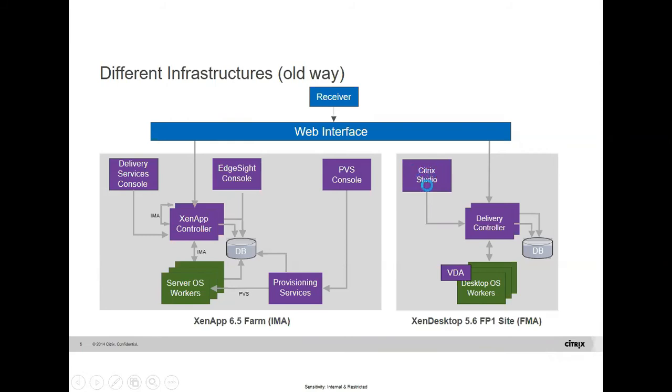Correct. So in the back end, there was a database, and there was desktop OS. So this 5.6 version was the era of Windows XP, Windows 7. That's a very old version. So this is the older infrastructure for Citrix.